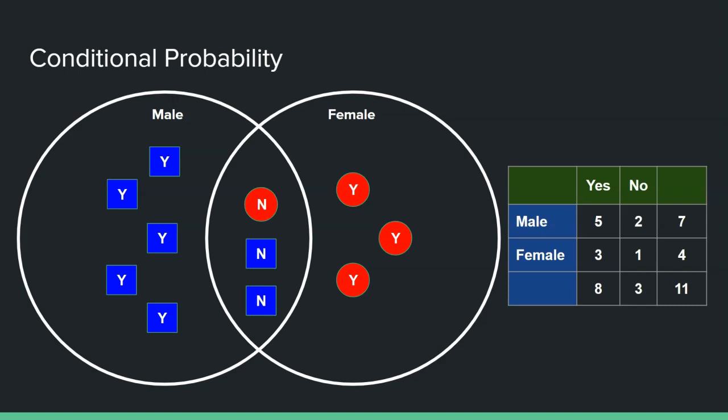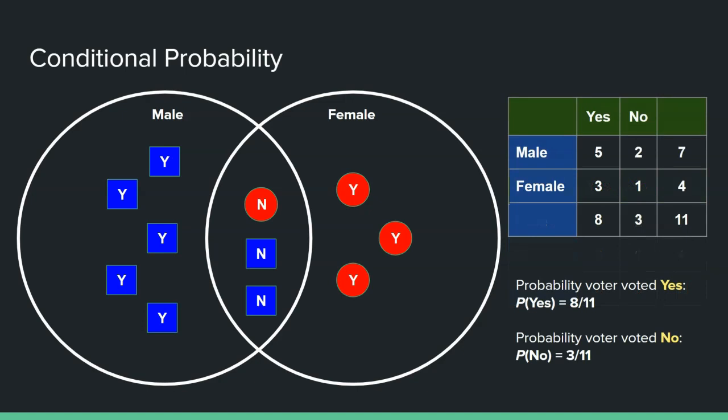If we tally up the votes and put it into a table, we can see that there were 11 people. 8 people who voted yes and 3 people who voted no. We also see that there were 7 males and 4 female voters. We can calculate the probability that someone voted yes as 8 over 11, because there were 8 yes votes out of 11 people.